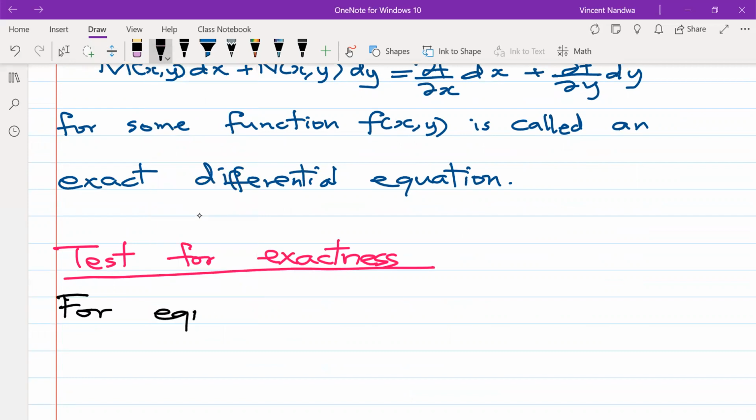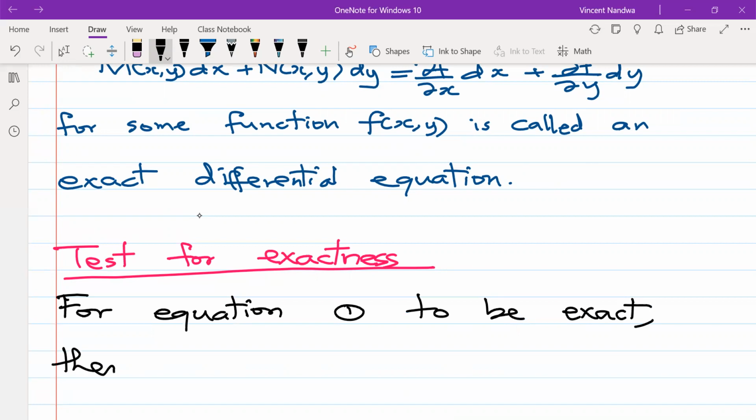For equation 1 to be exact, then if you take partial M partial y, you must always get partial N partial x.